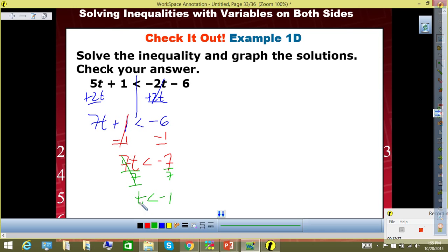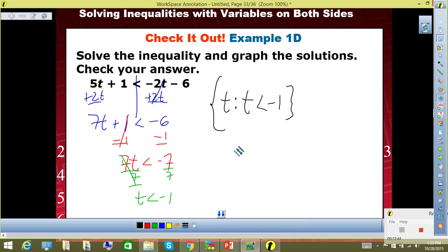Hands up if you got that. That is correct. What's your solution set? T such that... That is correct. And our graph: 0, negative 1.